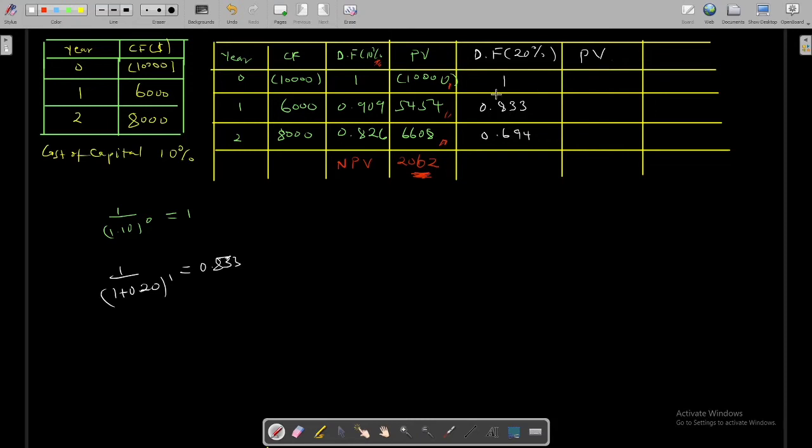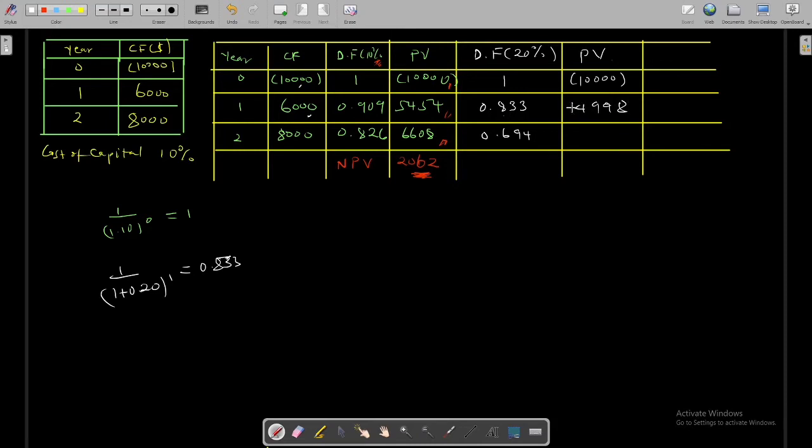So here is going to be multiply the 1 by the cash flows here. So here is going to give us 10,000. Then 0.833 is multiplied by 6,000. And this one will give us 49.98.